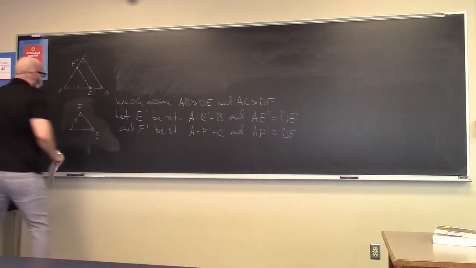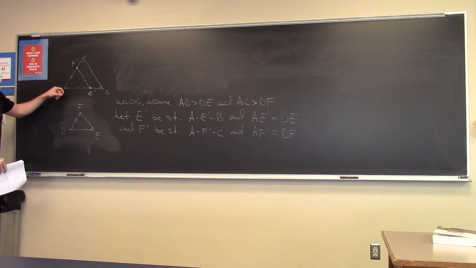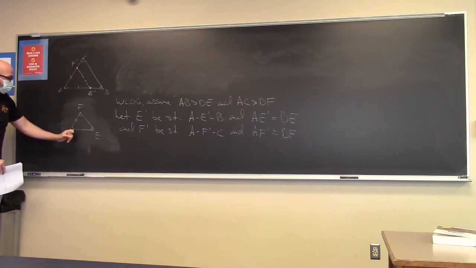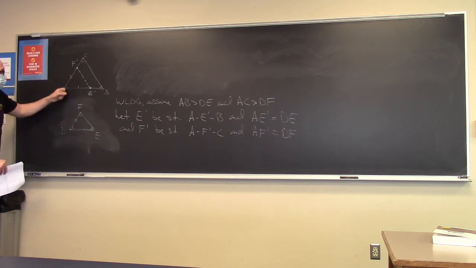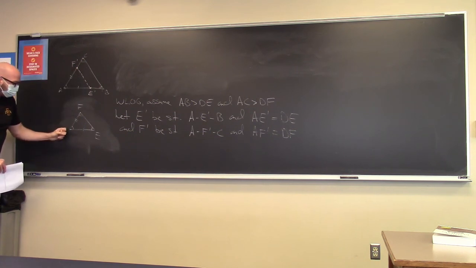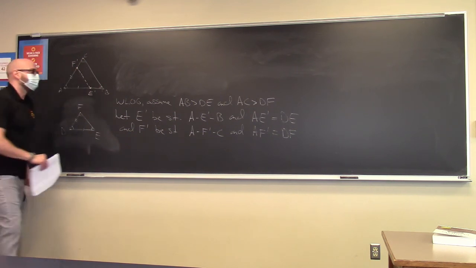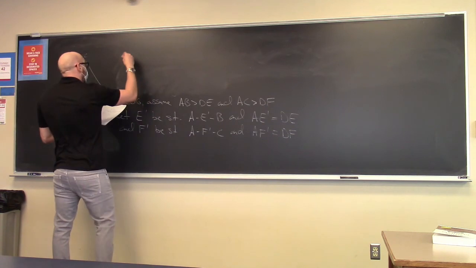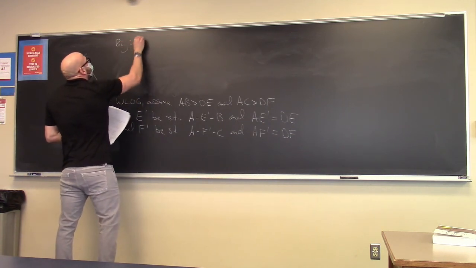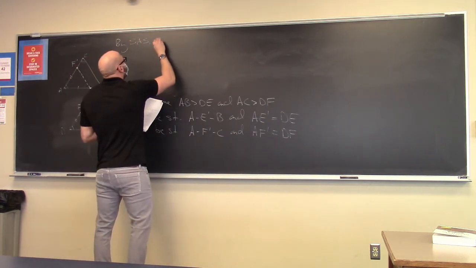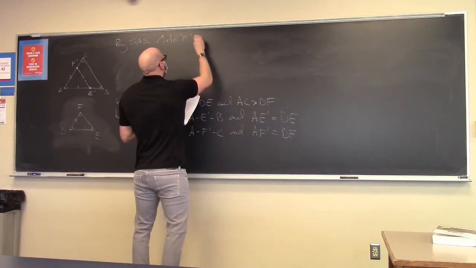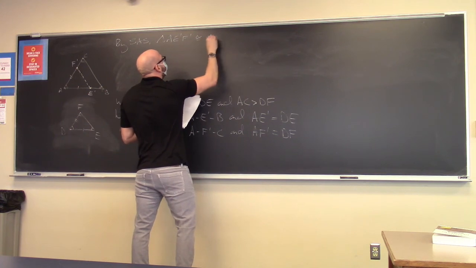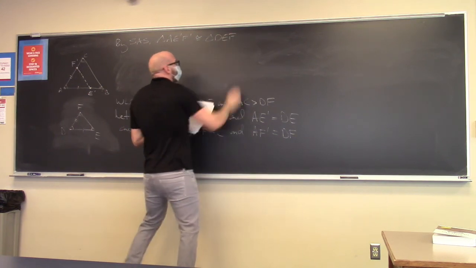Okay, so I've built this triangle inside of ABC that is, in fact, obviously congruent to DEF, right? By SAS, triangle AE prime F prime is congruent to triangle DEF.